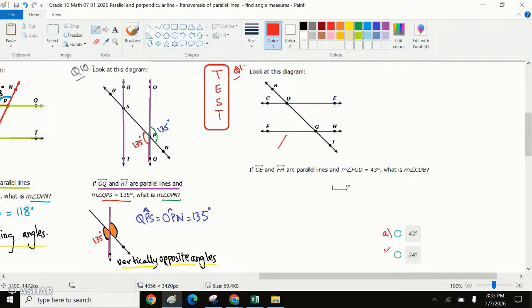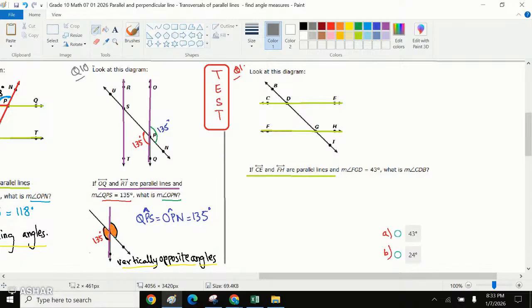This is option A. This is option B. Can we have the answer? I'll just highlight the parallel lines for you. These are the parallel lines. Then this is a parallel line to this line. Can anyone answer? We're doing this together. Don't worry. If you do not understand anything, I'm here to help you out.